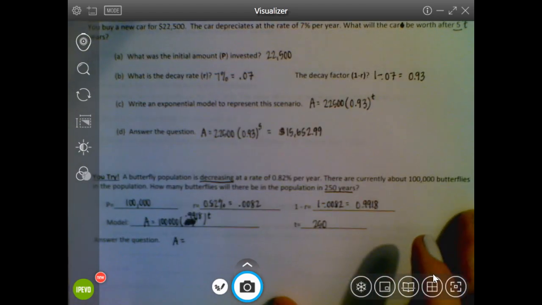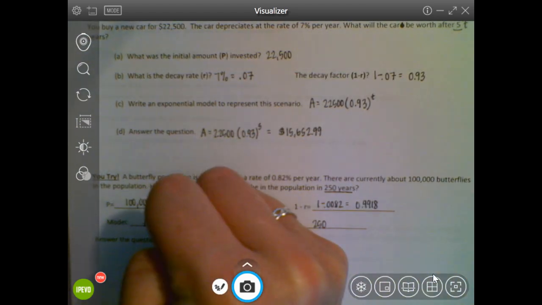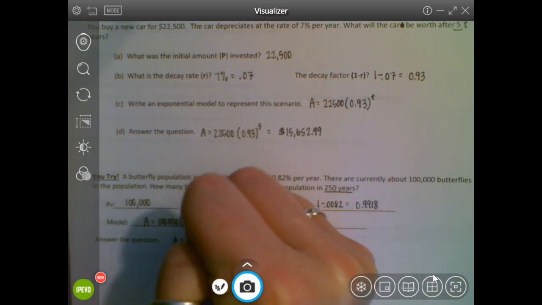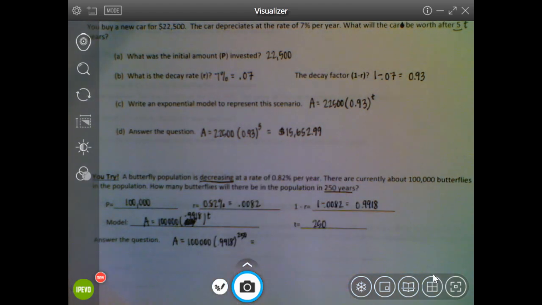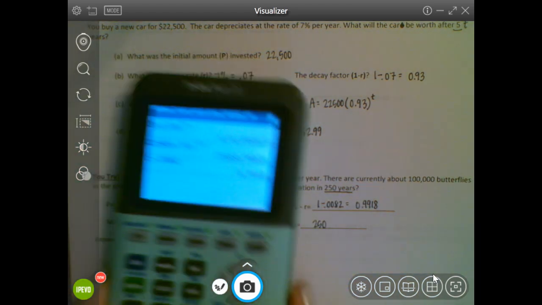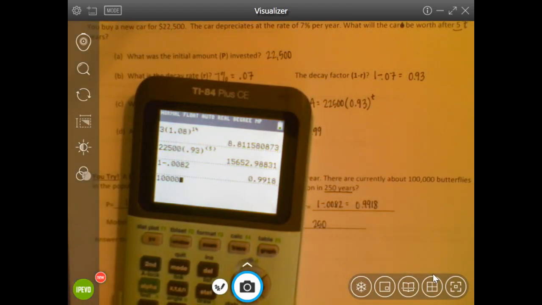So A is going to be equal to 100,000 times 0.9918 raised to the 250. And then this is going to be my population after about 250 years.